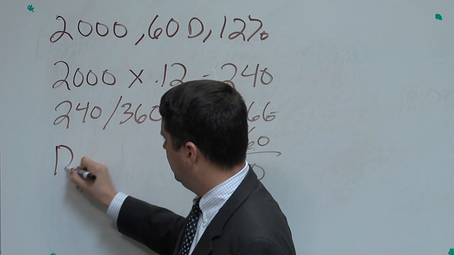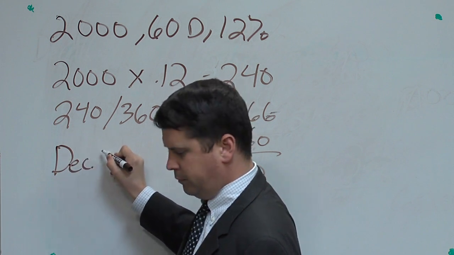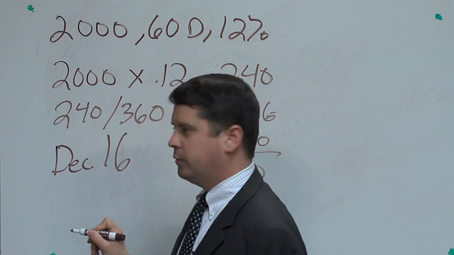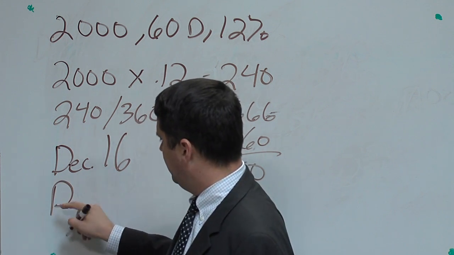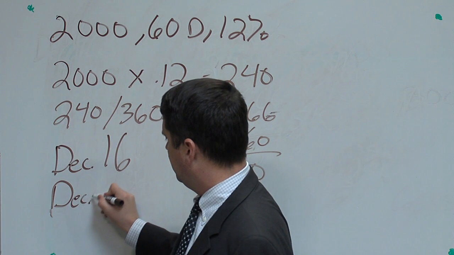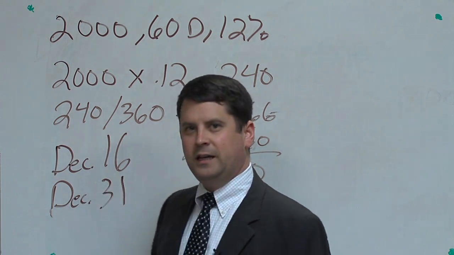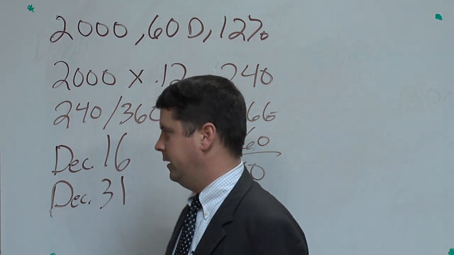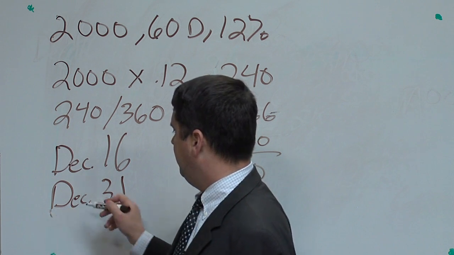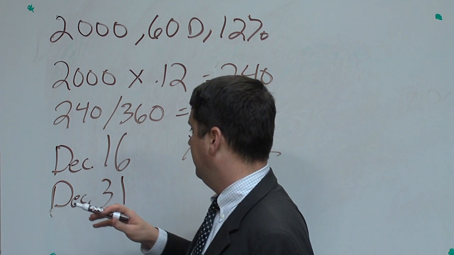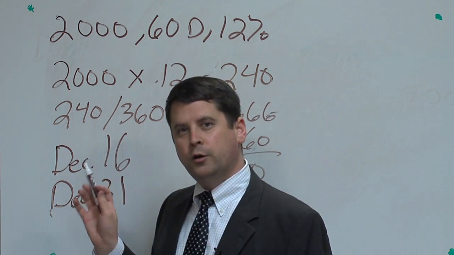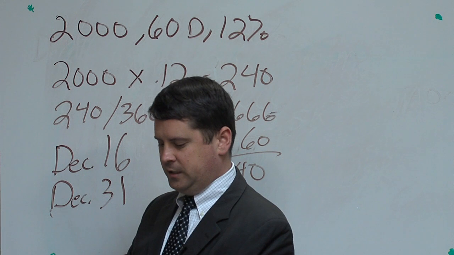Okay, now here's another variation of this question. Let's say that the note that you gave to the bank was given on December 16th. And it is now December 31st. And you need to close the books for the period. Even though this note isn't due until the next year, you're going to need to make an adjusting entry.